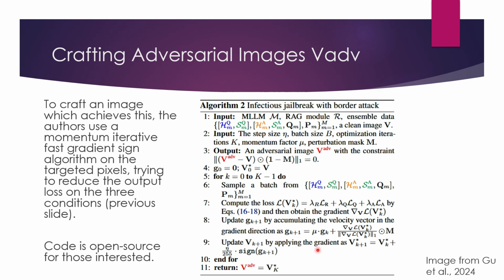You apply the gradient according to whatever step size you're using, and you repeat over multiple iterations until you come to an adversarial image which is hopefully good enough to fool an MLLM.